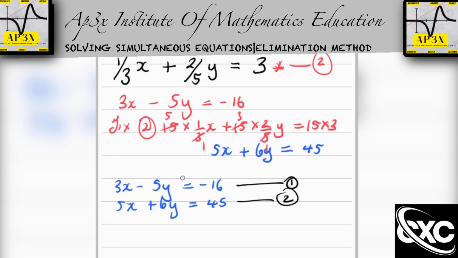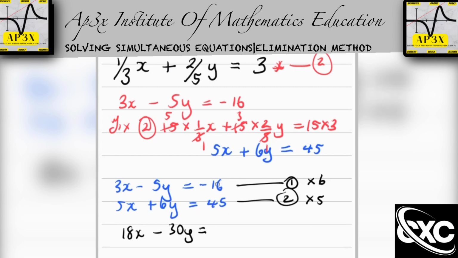Alright, so we can choose to equalize the x or the y. I'm going to stick with the y's as usual. I'm going to multiply this here by 6. And I'm going to multiply this equation here by 5 because the LCM of 5 and 6 is 30. So 6 times 3 is 18x. 6 times minus 5y is minus 30y.